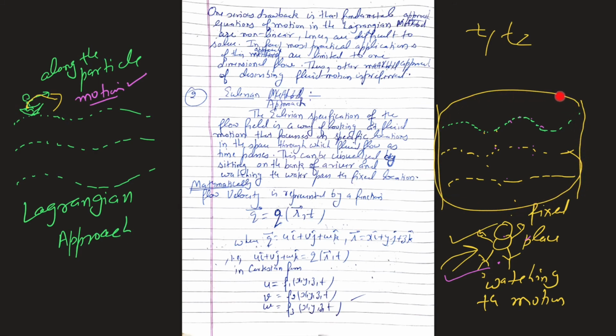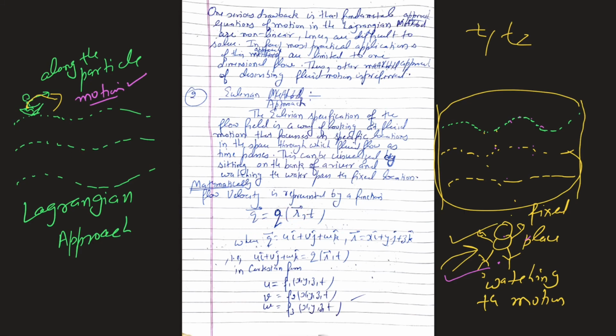So he has no knowledge of when and from where the motion was started. So it does not depend upon the initial position, rather it depends upon the present position of the particle, which is the position of the particle at any time t.